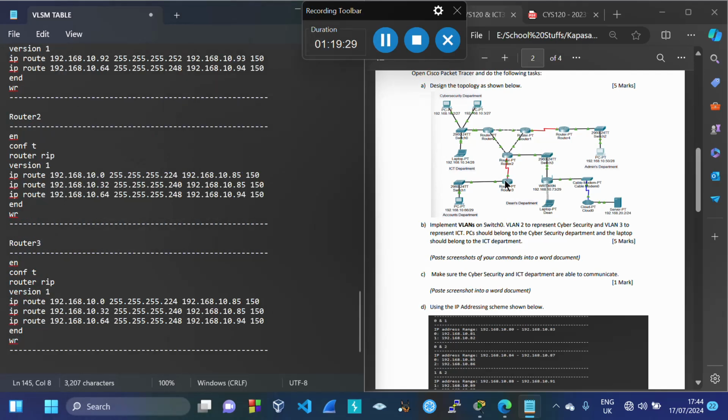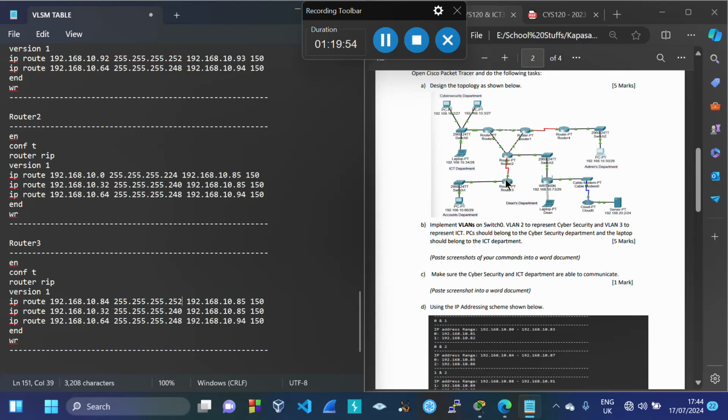Router 3, the first opposite network is router 0, but router 0 is close to router 2. So what's the network between 0 and 2? As we can see, it's 84. So here I'll put an 84 like that. Then after putting 84, the mask between routers, we say it's 252.